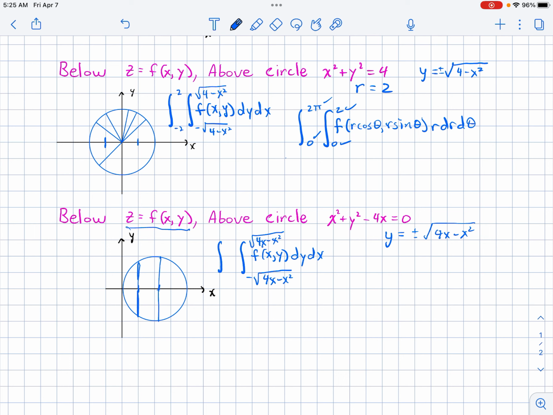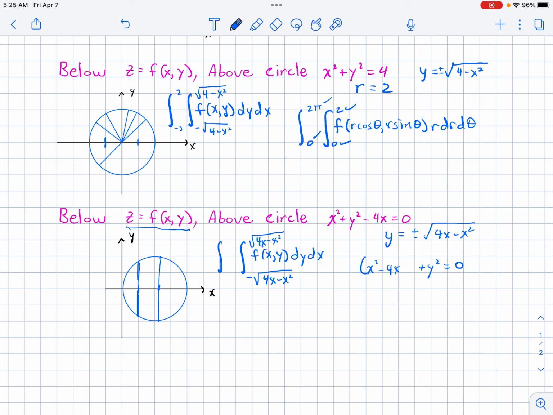Now, this is a circle, so this tells us maybe we're going to want to use polar. Now, let's just take a minute and dig what we have here. We have x squared minus 4x plus y squared equals 0.